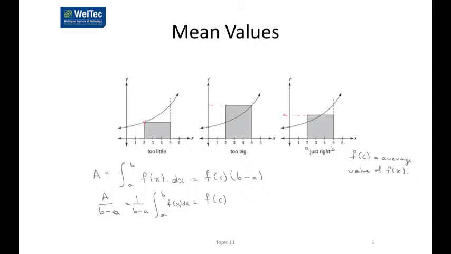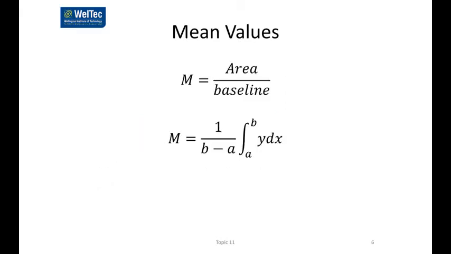So it gives us the height of the rectangle, which is the average value of f of x. Another way to look at it is to say, well, it's the area over the distance on the base, or the mean value is 1 over b minus a times the integral of y between a and b. Let's check out some examples on the next slide.